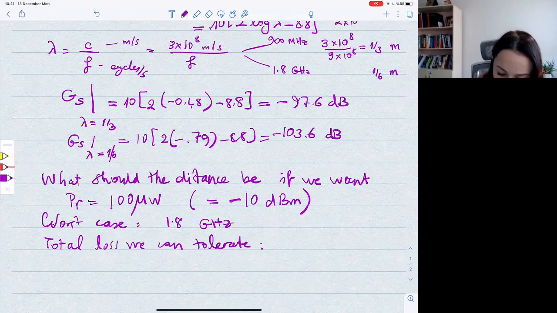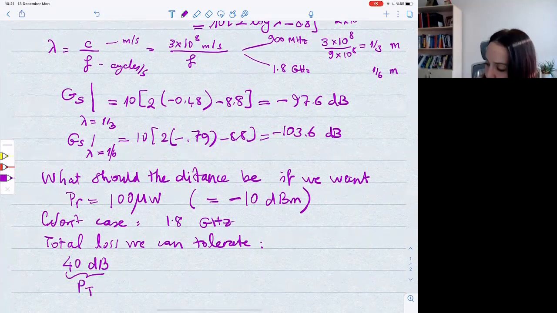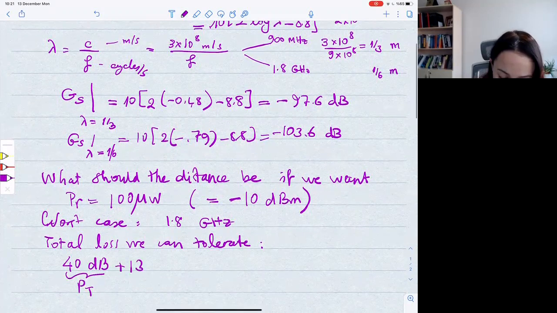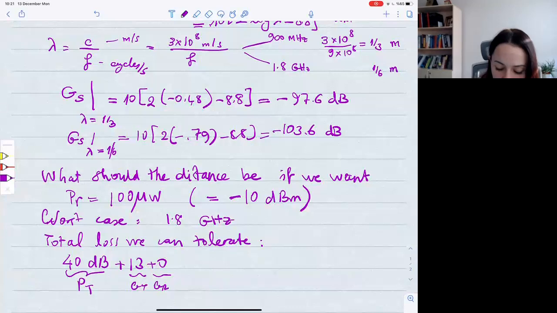Well, we have 40 dB as a transmit power. We have a 13 dB gain over it from GT and GR. Okay.